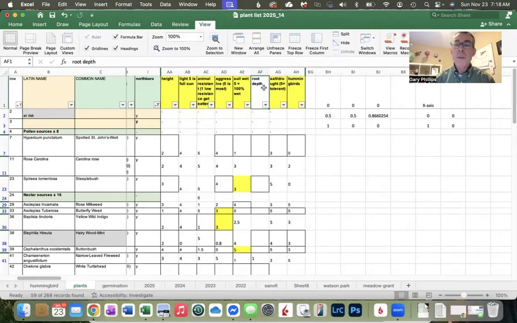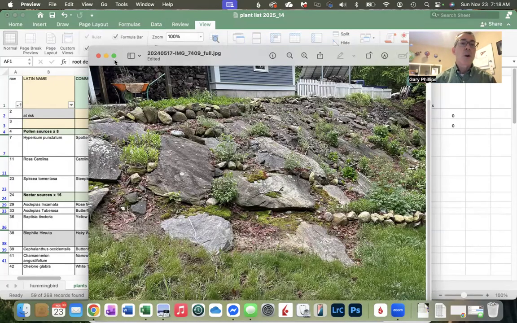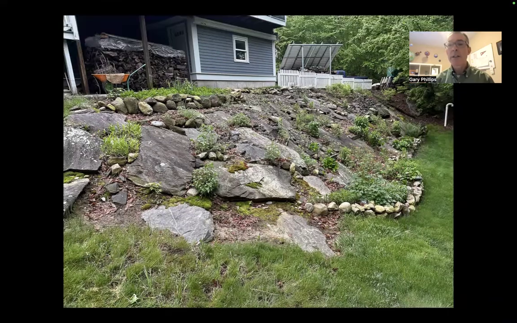I actually didn't score this one, but the concept with root depth would be for a rock garden. This is large landscape rock used to backfill after the landscape was regraded when my house was built. And you can imagine there's not much soil down there.